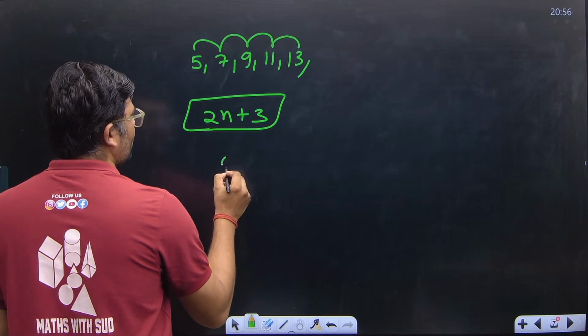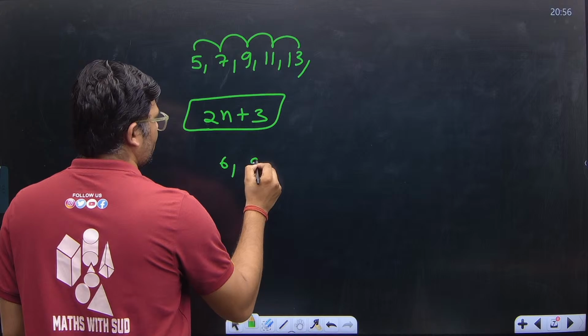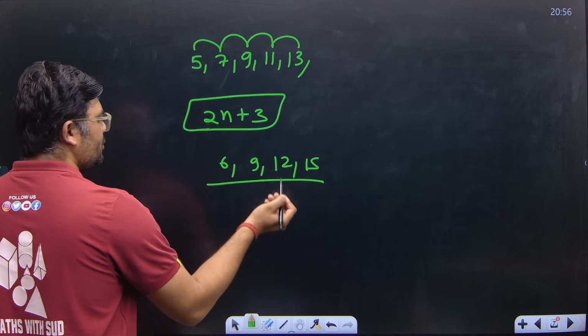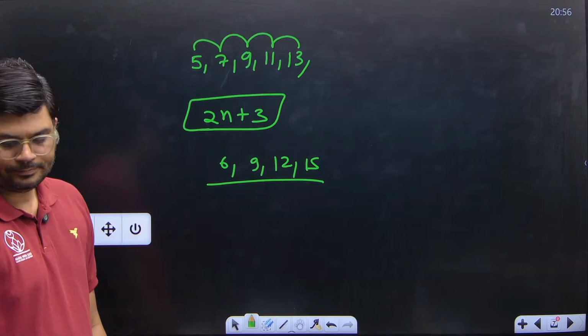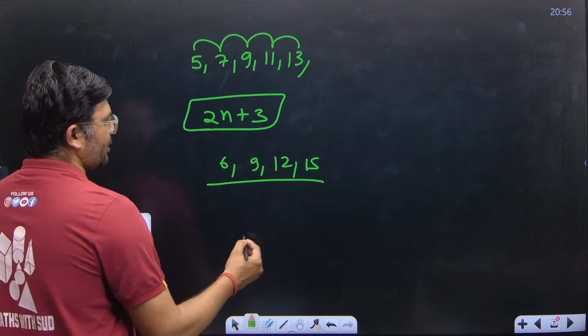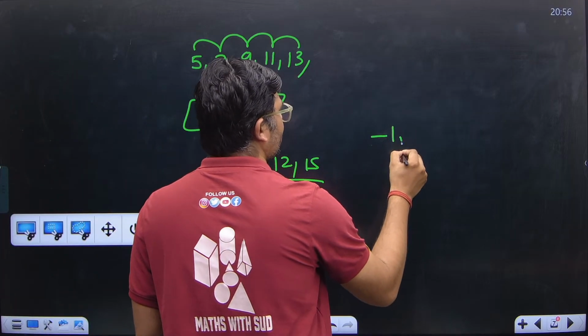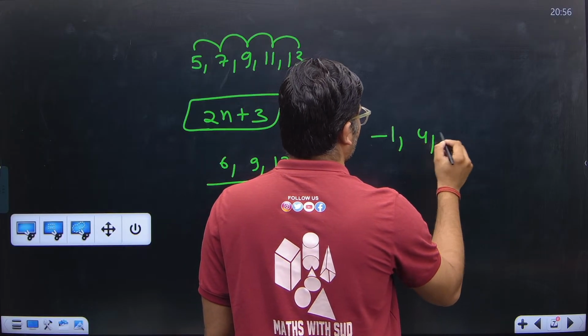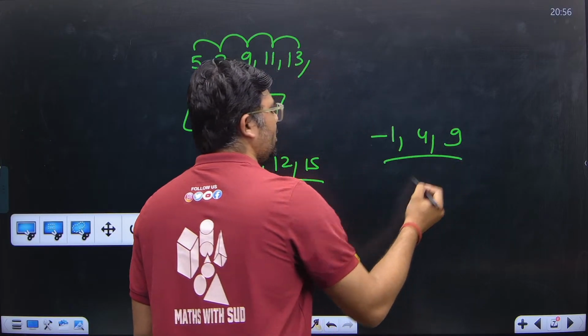So let me give you one question more. 6, 9, 12, 15. Can you tell me what will be the equation for this? 3n plus 3. Correct. Suppose I write -1, 4, and then you have 9. What will be the equation for this?